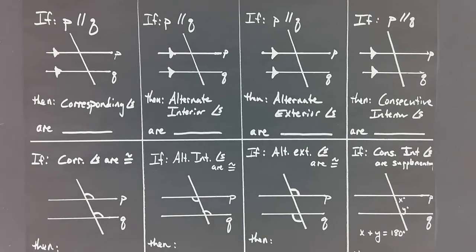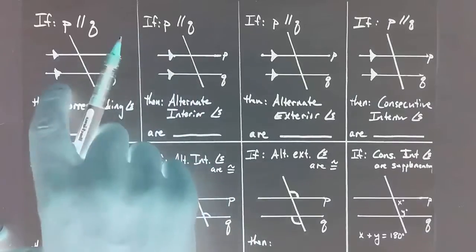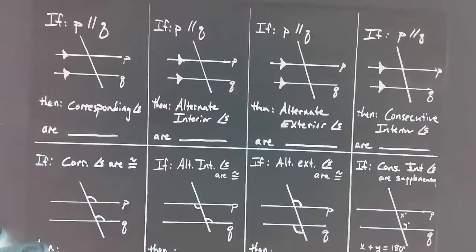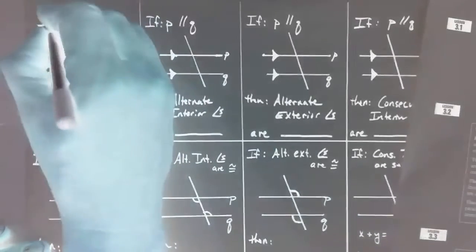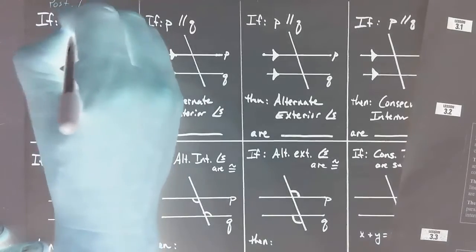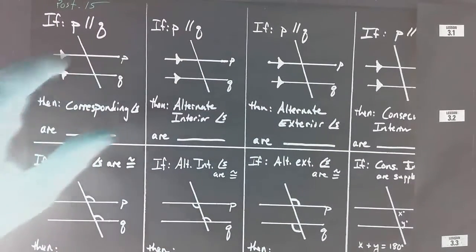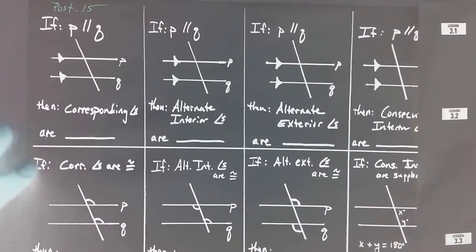Okay. So across the top, I've got parallel lines. You can see all these lines have triangles on them like this. And what we're going to do is go through those postulates and theorems from section 3.2, the stuff you just used to do your quiz for today. So postulate 15: if P is parallel to Q, then what do we know about the corresponding angles?